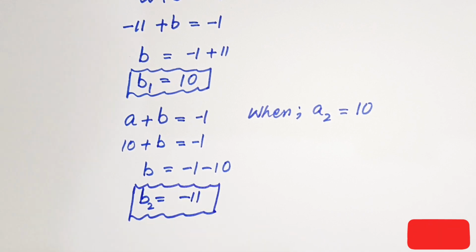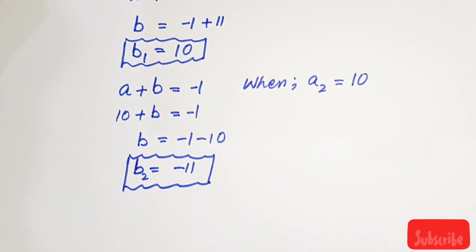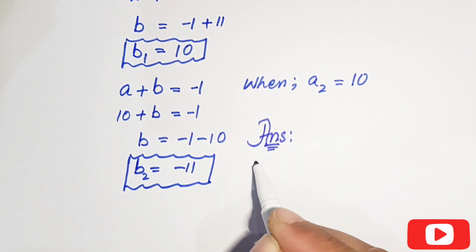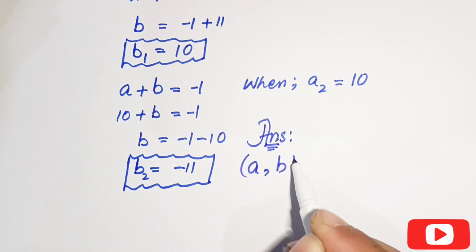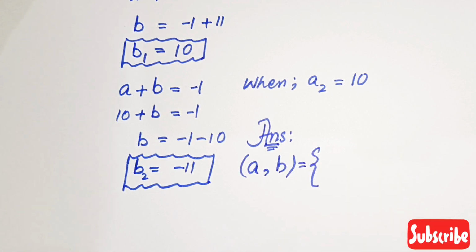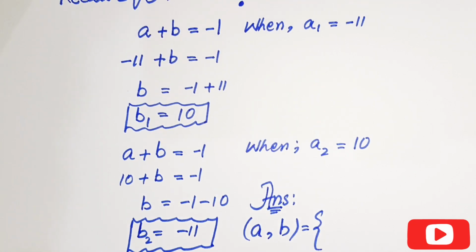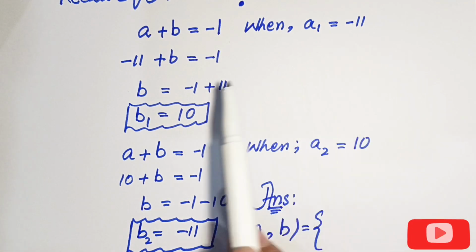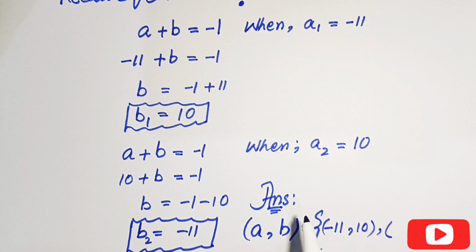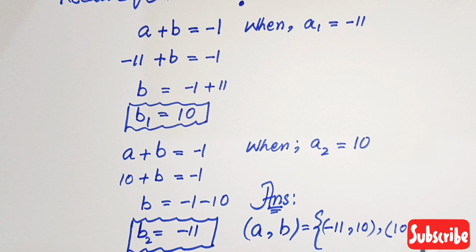Now we have found two values of a and two values of b. So if we write our final answer, we have two sets of values: when a1 is equal to minus 11, then b will be 10, so we write (minus 11, 10), and the other one is when a is 10, b will be minus 11.